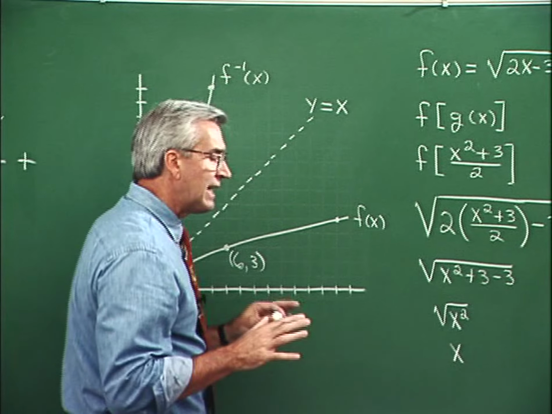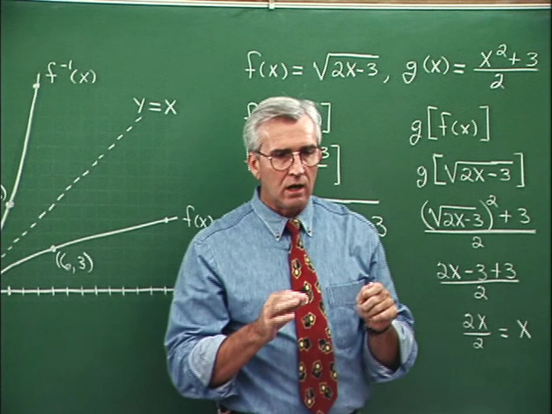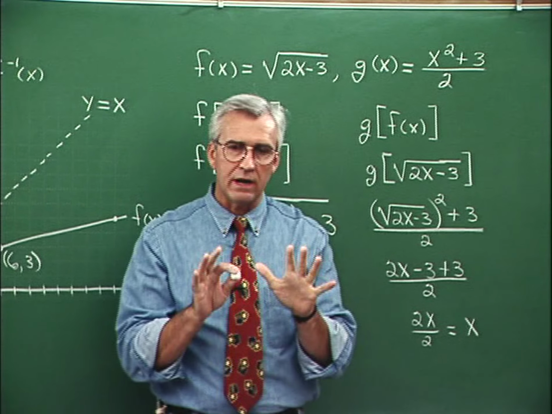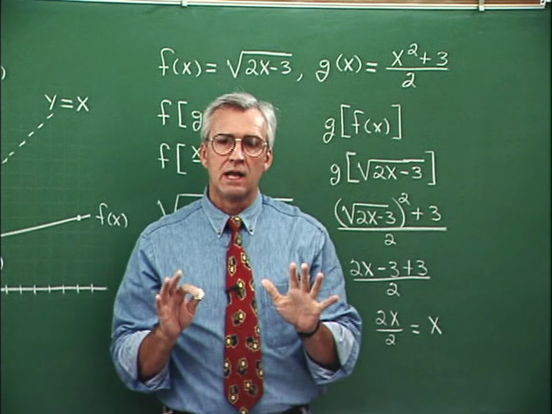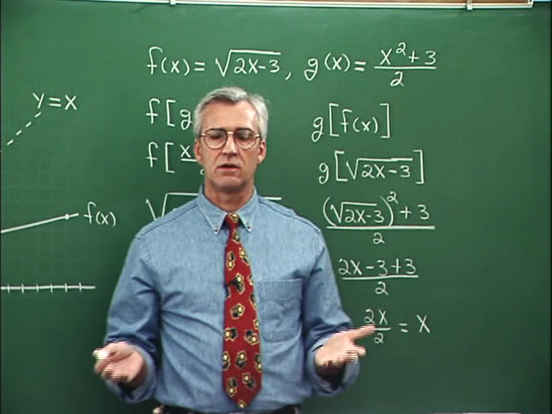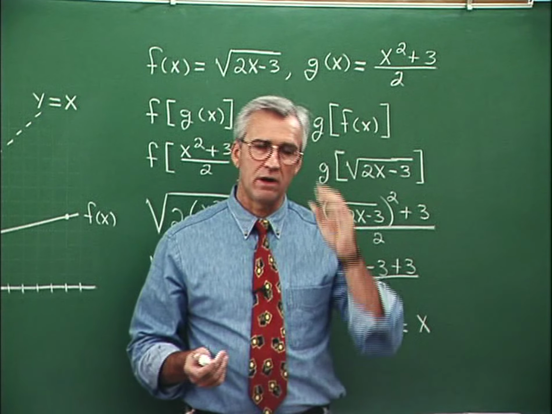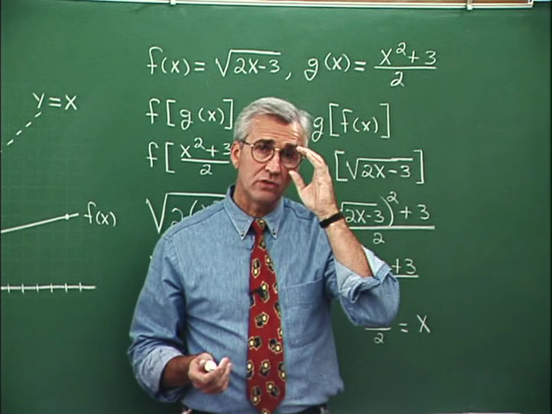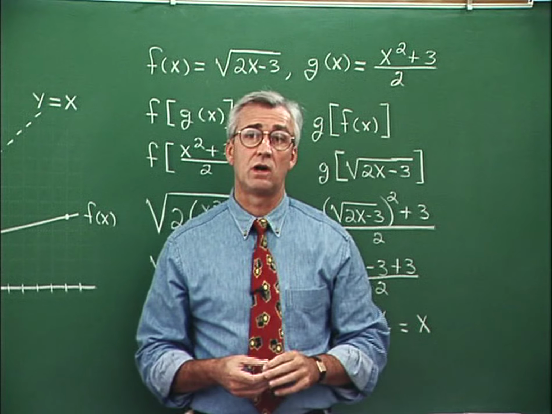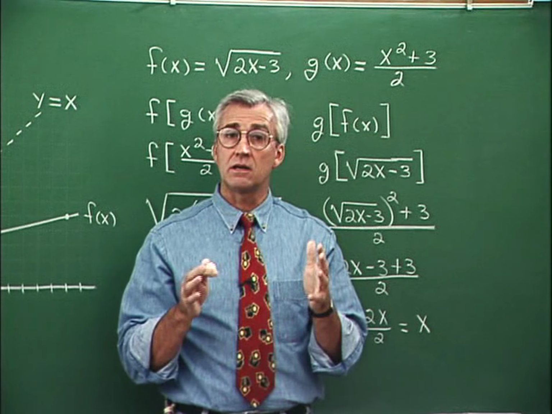The acid test to determine whether or not two functions are inverses of one another. Now we generated inverse functions a few minutes ago, and so we know that they are inverses of one another. But sometimes you're faced with a couple of functions and you're not sure they're inverses of one another. The acid test is to calculate the composite function.